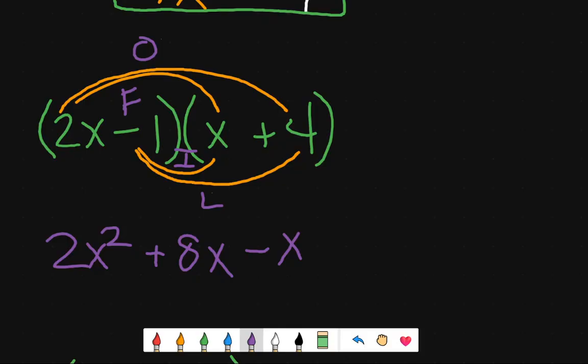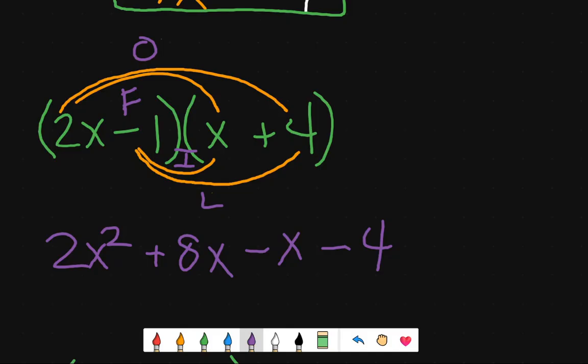And then our last terms are negative 1 and a positive 4. So we have negative 1 times positive 4. A negative times a positive is going to give us a negative, so that will be a negative 1 times 4, negative 4. All right, now we have to combine like terms. So we cannot combine 2x squared with anything because there are no other x squared terms. Can we combine the x terms together?